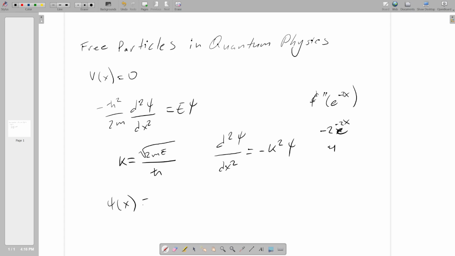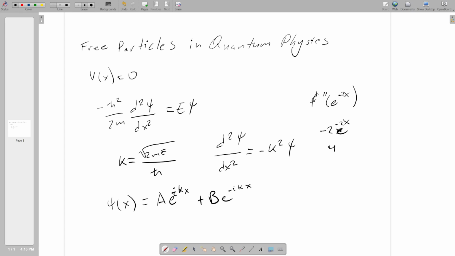The solution here, once again just putting constants in for now, is a e to the i kx plus b e to the negative i kx.